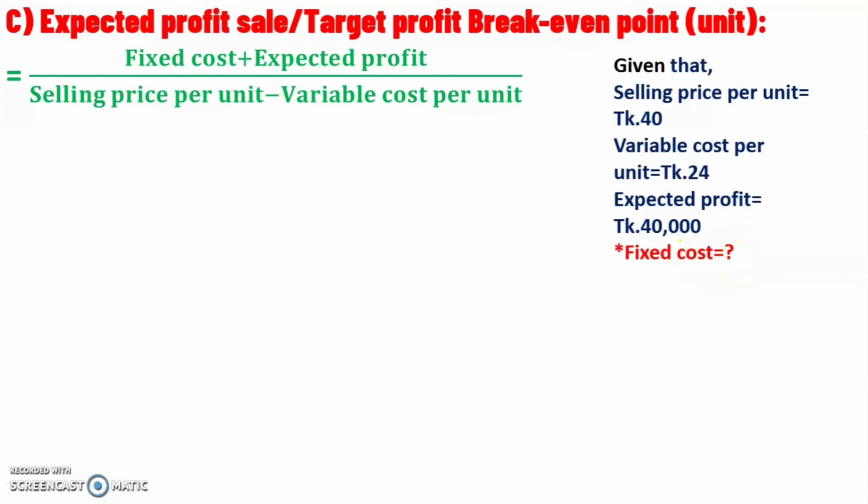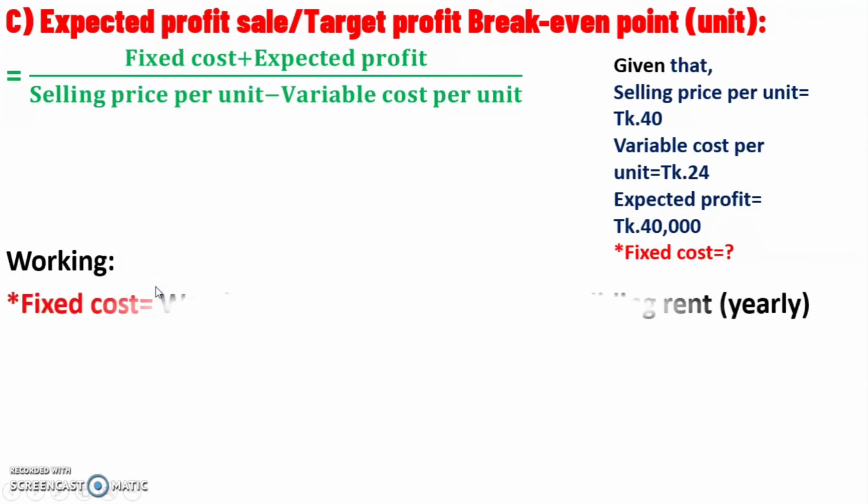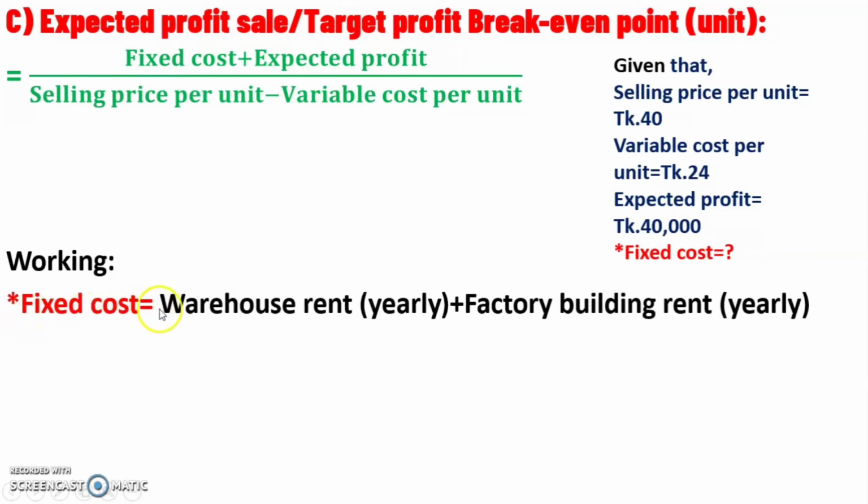Dear students, in these questions fixed cost is not given, so we calculate fixed cost. Working for the fixed cost: fixed cost equals warehouse rent yearly plus factory building rent yearly plus office rent monthly into 12, because office rent is converted to yearly by multiplying by 12.